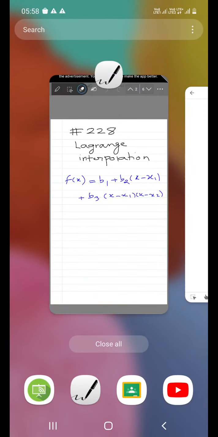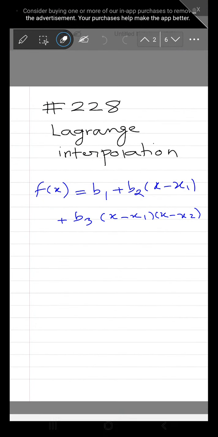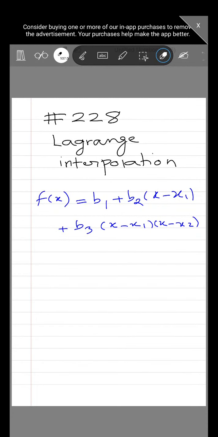Hello students, so in our previous lectures, that is lecture number 228 and 230, we have discussed the Lagrangian polynomial, and we have derived this equation previously as a Lagrangian polynomial.